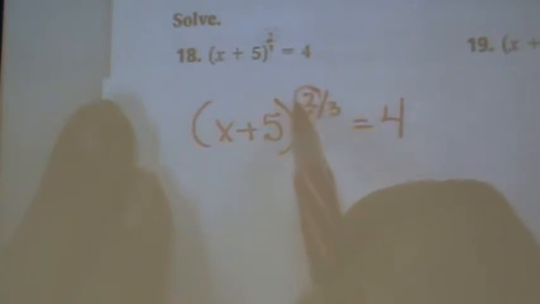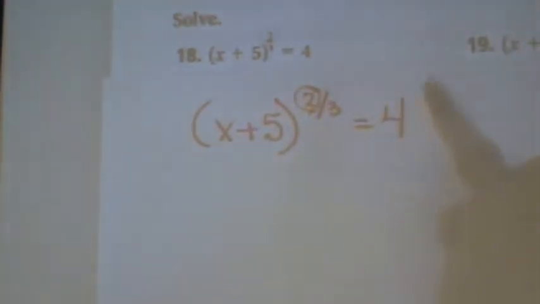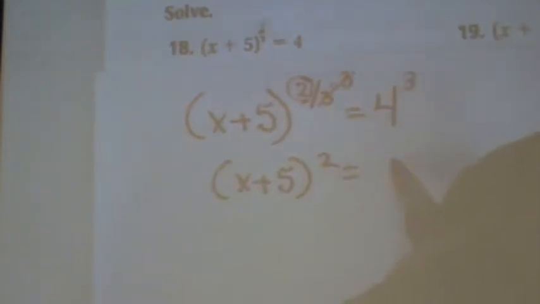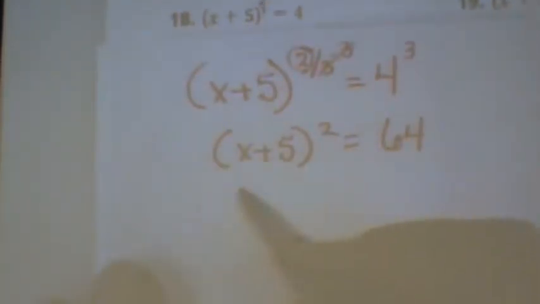Check the numerator. If that's even, there's gonna be 2 answers. So what do you first do? Raise both sides to the 3rd power. So you get x plus 5 squared equals, what's 4 times 4 times 4? Now do you remember what to do?